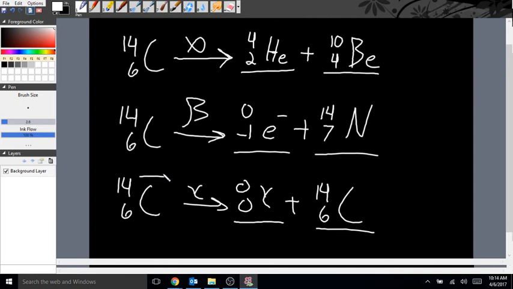All right. The cool thing about these three decays is it doesn't matter what element we're talking about, even if we're talking about something huge, something like borium-264.